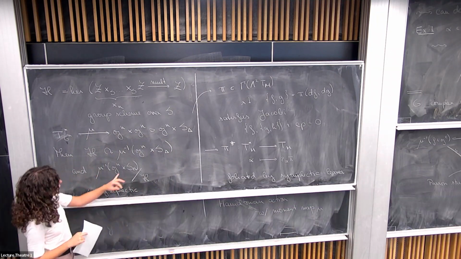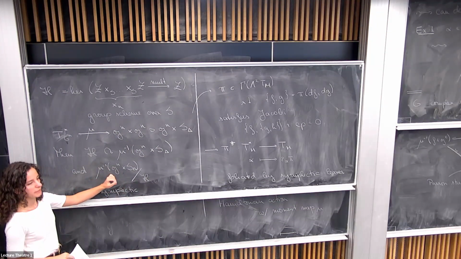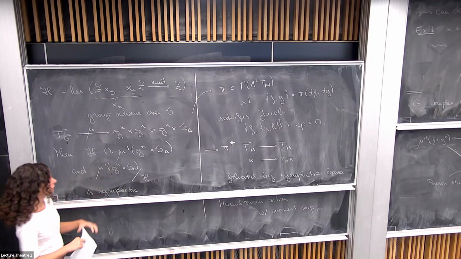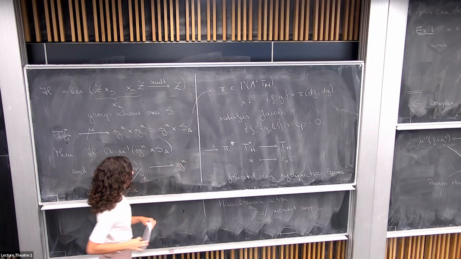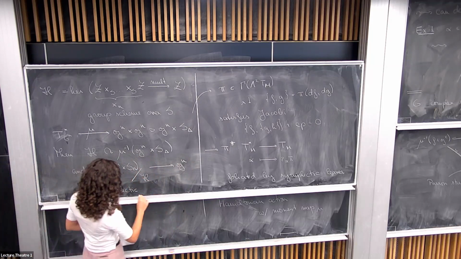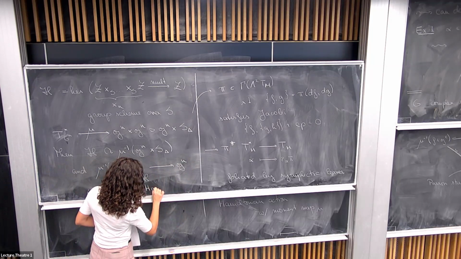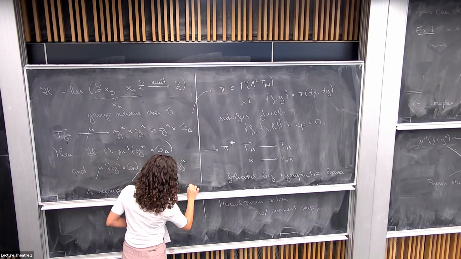And in fact, it's more than that because it has a residual action of G to the n coming from the side that I didn't mod out by. So this is the same thing as saying that it has a Poisson map to the Lie algebra g to the n. So this is actually a symplectic Hamiltonian G^n space.